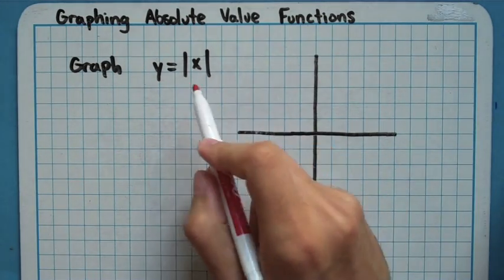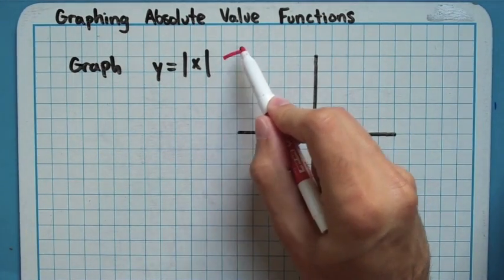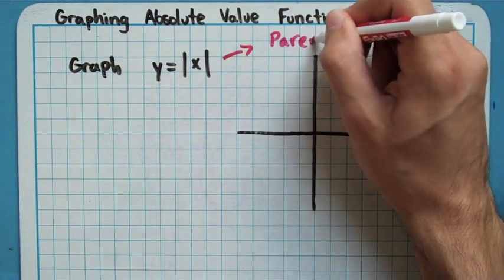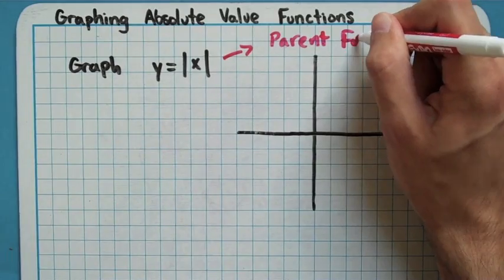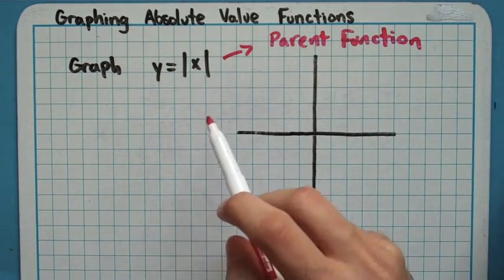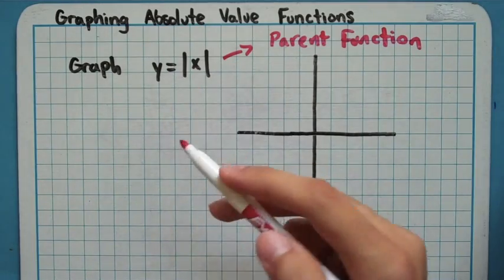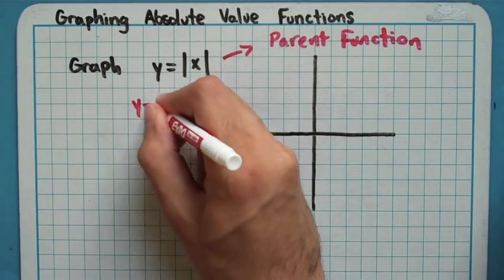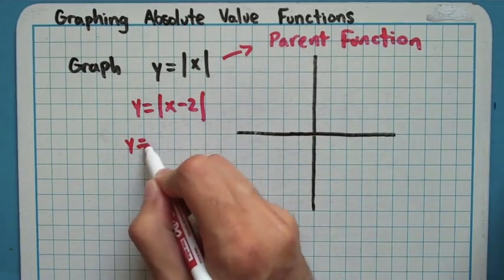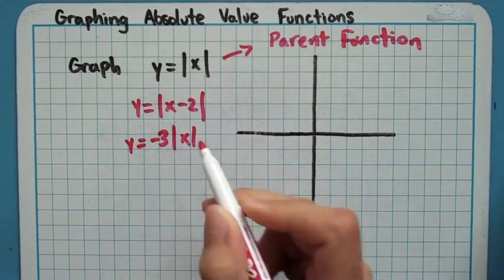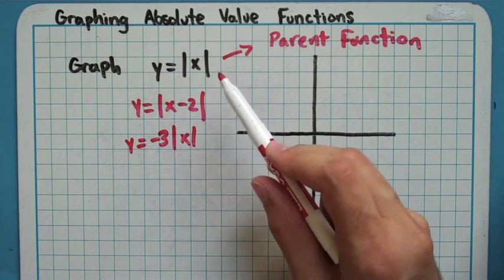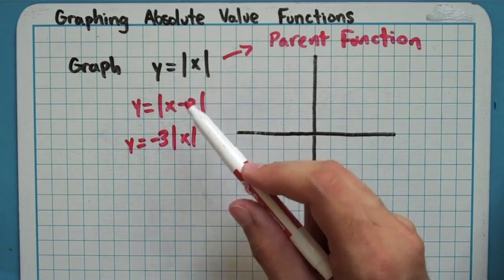This graph right here, y equals absolute value of x, is called a parent function. It's called a parent function because it's kind of the most basic absolute value graph we can make. So if we were to do something like y equals the absolute value of x minus 2, or maybe y equals negative 3 times the absolute value of x, these red equations could be considered children of this guy because they're just variations on this.